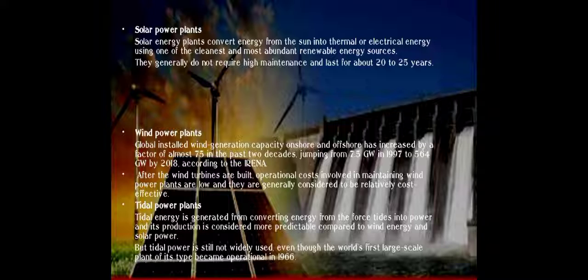Tidal power plants. Tidal energy is generated from converting energy from the force of tides into power, and its production is considered more predictable compared to wind energy and solar power. But tidal power is still not widely used, even though the world's first large-scale plant of its type became operational in 1966.